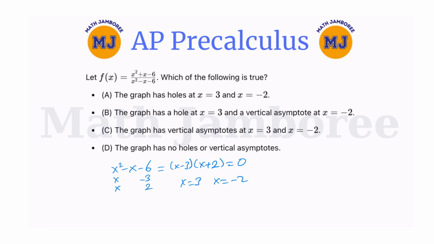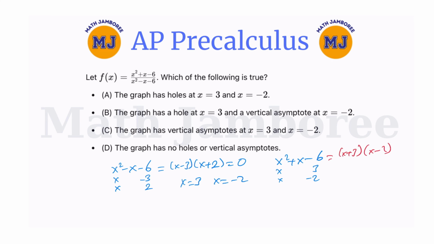No, in the numerator we have x squared plus x minus 6. So let's factor this out. x and x, and 3 and 2. This time 2 is negative. So this becomes x plus 3 times x minus 2.